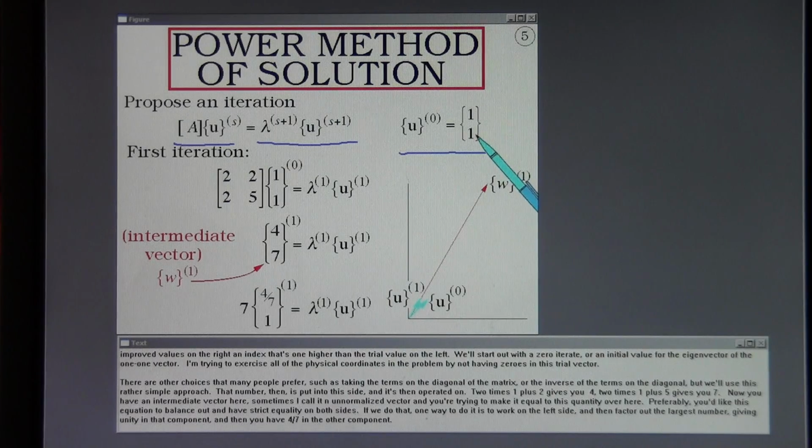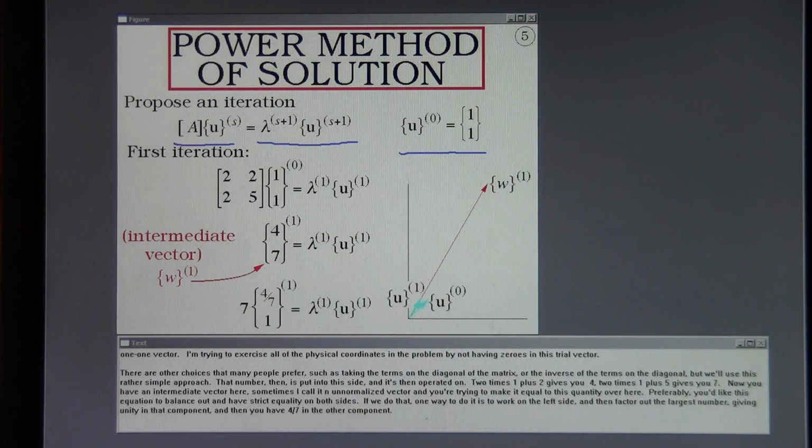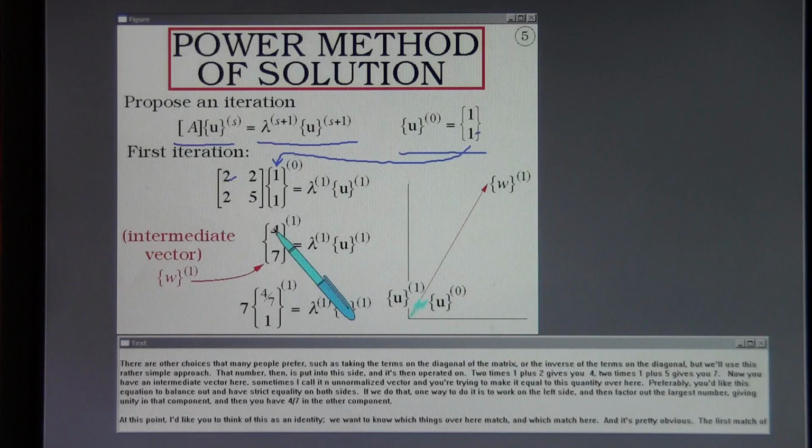There are other choices that many people prefer, such as taking the terms on the diagonal of the matrix or the inverse of the terms on the diagonal. But we'll use this rather simple approach. That number then is put into this side, and it's then operated on. 2 times 1 is 2 plus 2 gives you 4. 2 times 1 is 2 plus 5 gives you 7.